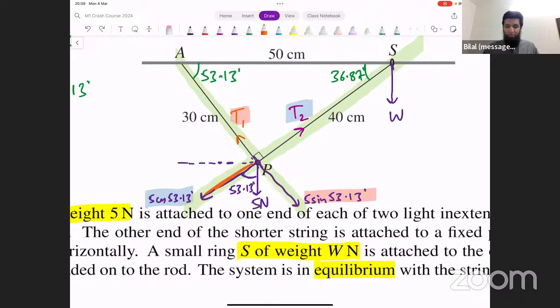We figured out this angle 53.13. The component that is adjacent to the angle has cos, and the component that's on the other side of the angle has sine. We've learned this before, right? The component that's adjacent to the angle, that's going to have cos. The component on the other side of the angle has sine. That's all that we have to do.